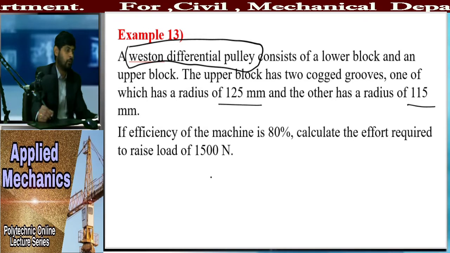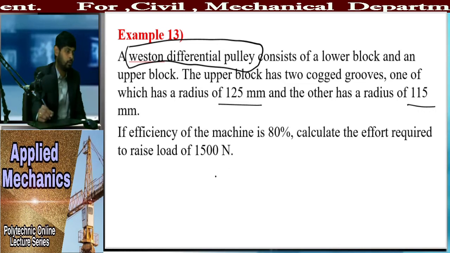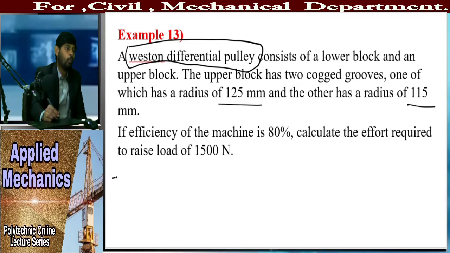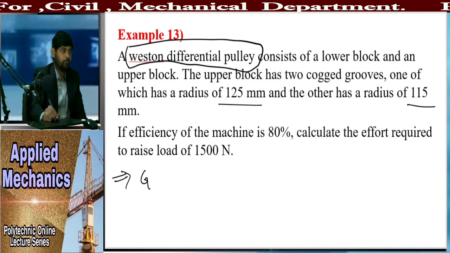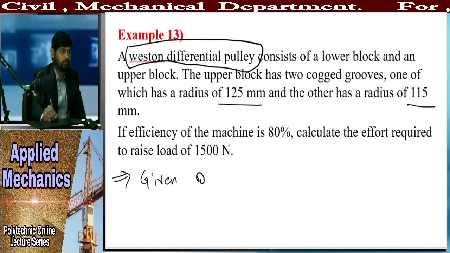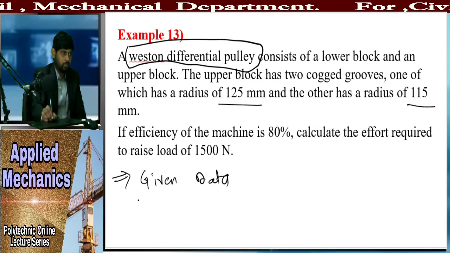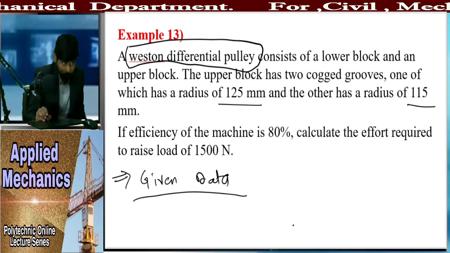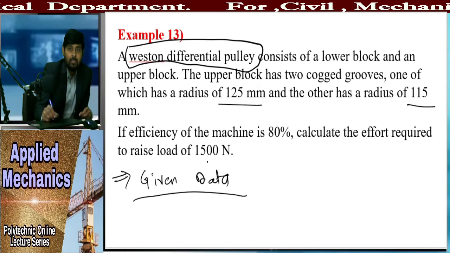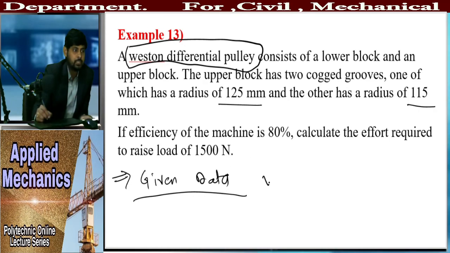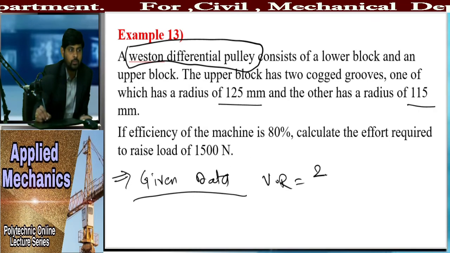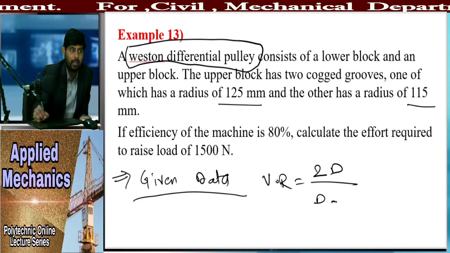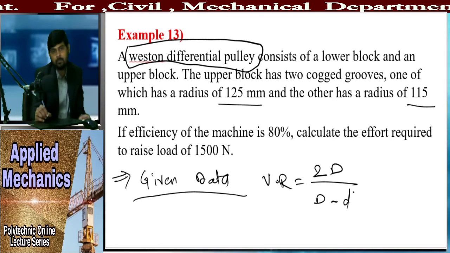So the first thing we have to do is write down the given data. Now we are considering two modes here. We have seen the formula for velocity ratio is 2D divided by D minus d, right?